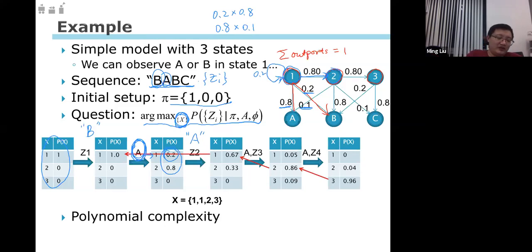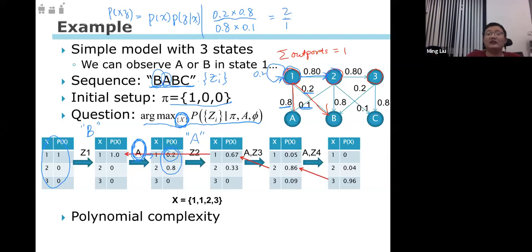We're computing what is the state, and then what's the observation given the state. Why that? Because this is the joint distribution of P, X, and Z. Note that X and Z are all lowercase, they're just the values. So by comparing these two numbers, you get 2 to 1.